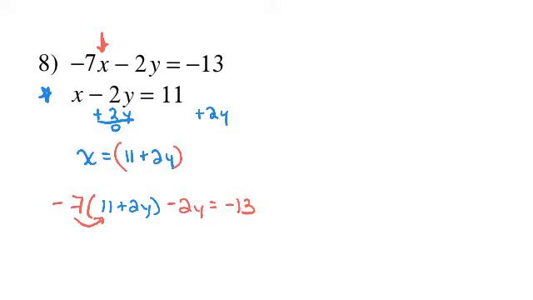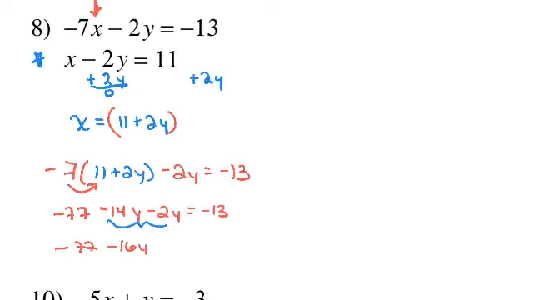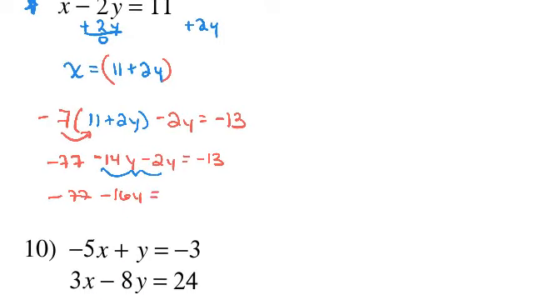I'm going to distribute that negative 7. I'm going to combine like terms. I'm going to add 77 to both sides.